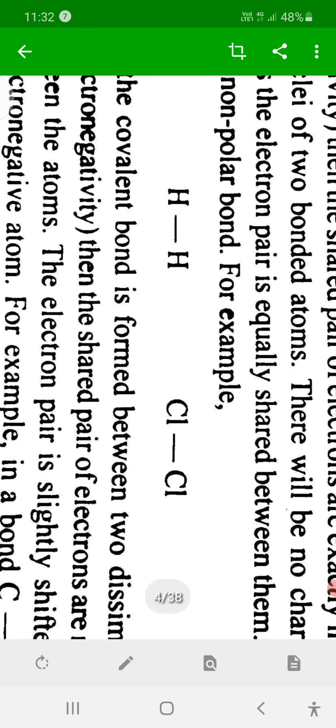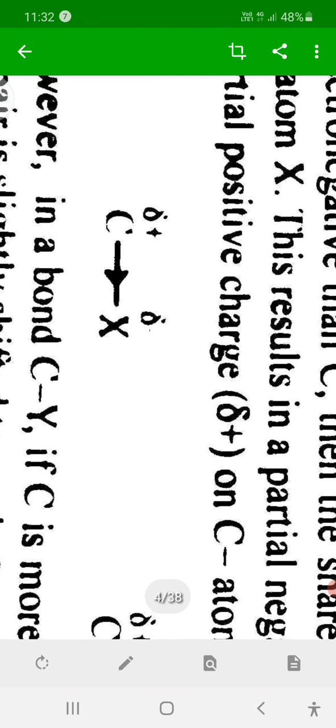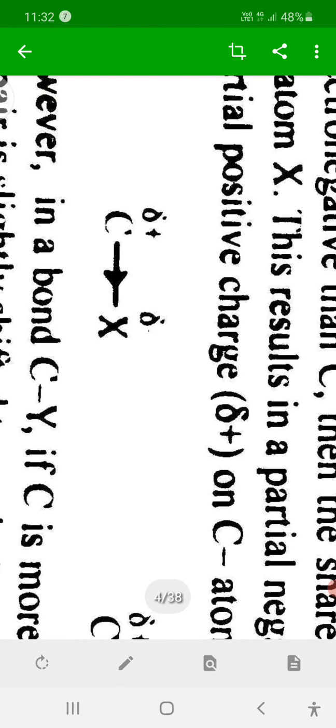But if the bond is heteroatomic, then the two atoms are different, and their electronegativity power is different. What is electronegativity power? It is the power of the nucleus, remember.